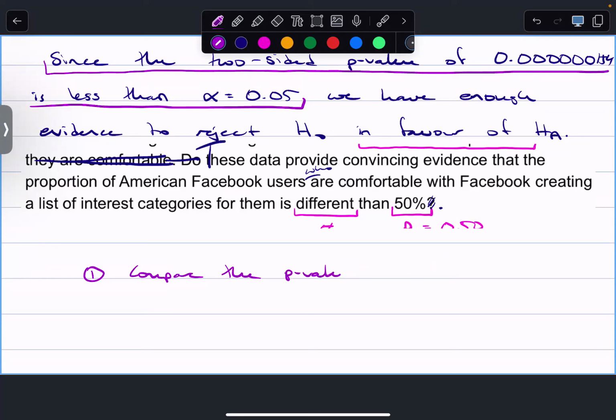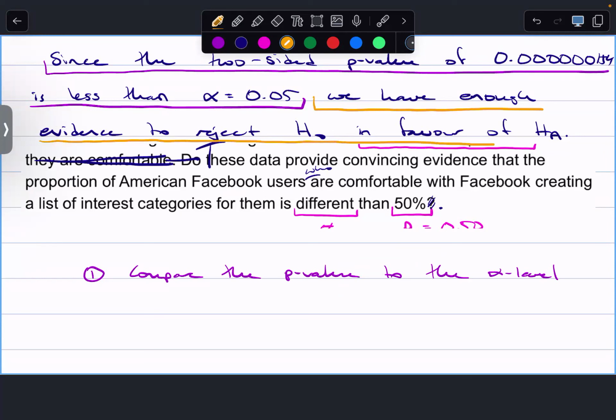Second part of the conclusion is your conclusion in terms of H naught. Do you have enough evidence to reject H naught, or do you not have enough evidence to reject H naught?